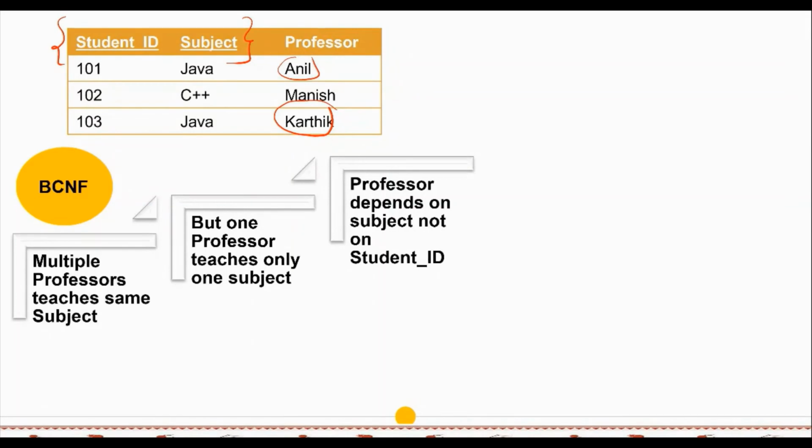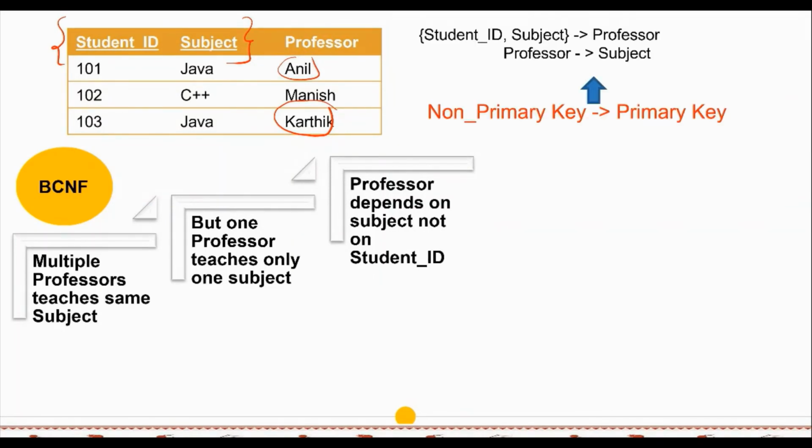So we say that here we have multiple dependencies. To break this dependency, since the primary key is depending on a non-primary key, because subject is a primary key, professor is a non-primary key.